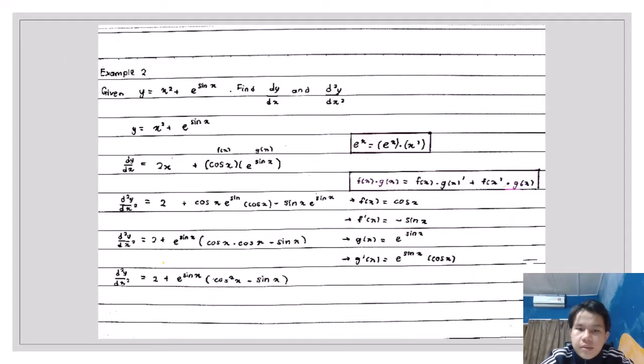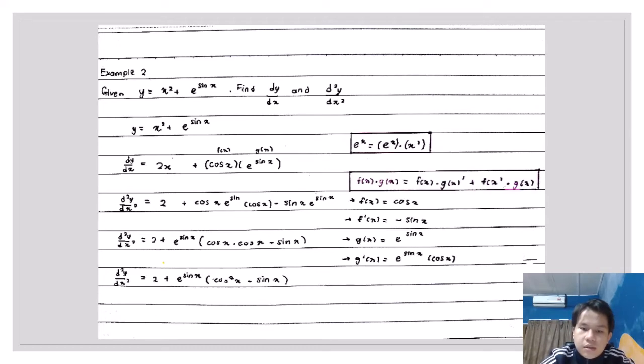Given example 2 here, the question is y equals x squared plus e to the power of sine x. The question is to find dy/dx and d2y/dx2. Rewrite the question: y equals x squared plus e^(sin x). dy/dx is equal to 2x.